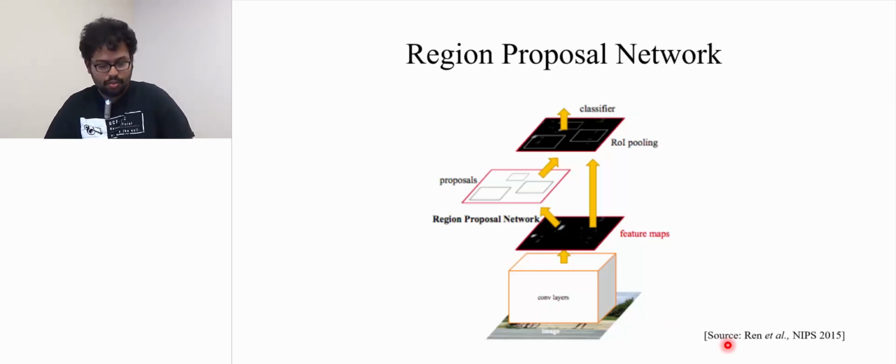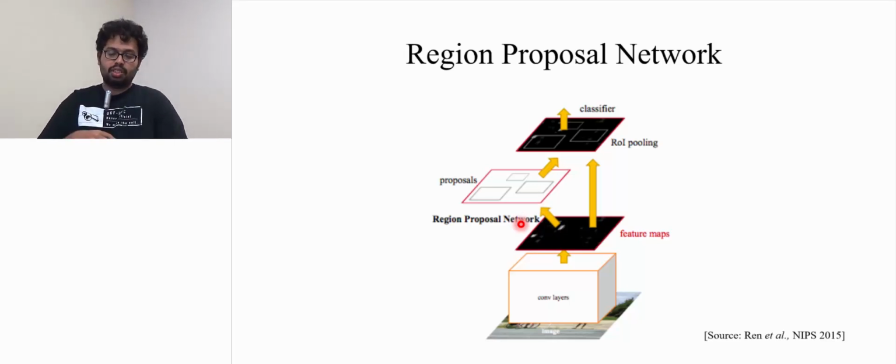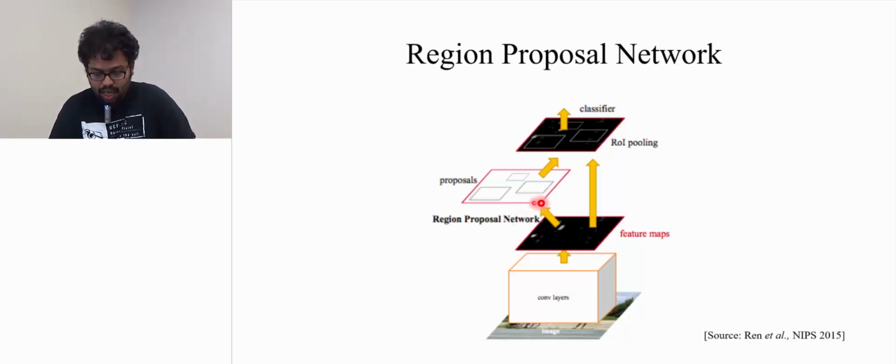So the region proposal network was first proposed by Ren et al. at NIPS 2015, in which, given an input image, they extract features from the convolution layer, from which the region proposal network basically proposes different regions, giving localization regions based on the input image. And these proposed regions may be of different resolutions.